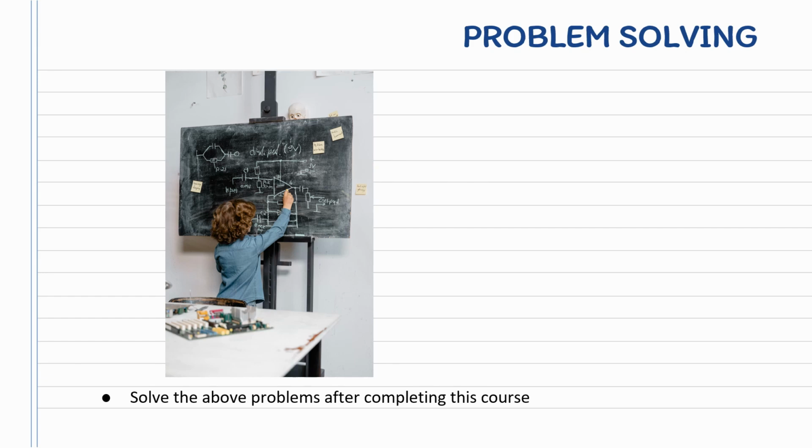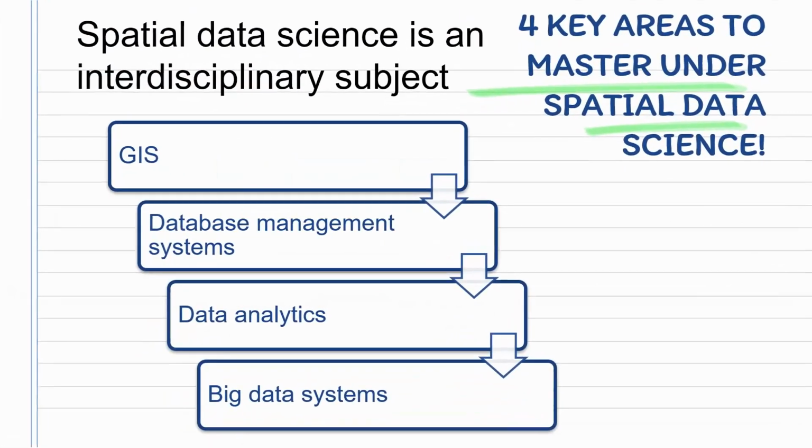Spatial data is an interdisciplinary subject for which you need to understand geographic information system, database management systems, data analytics, and big data systems. These subjects will be covered throughout this course.